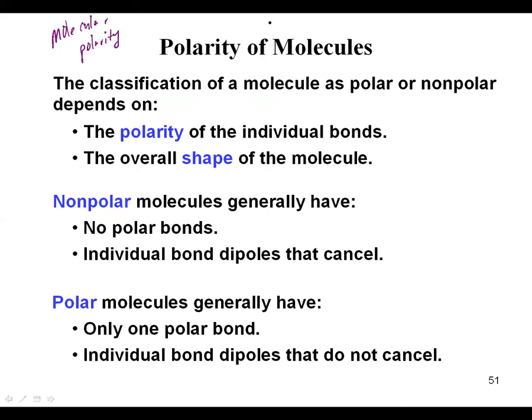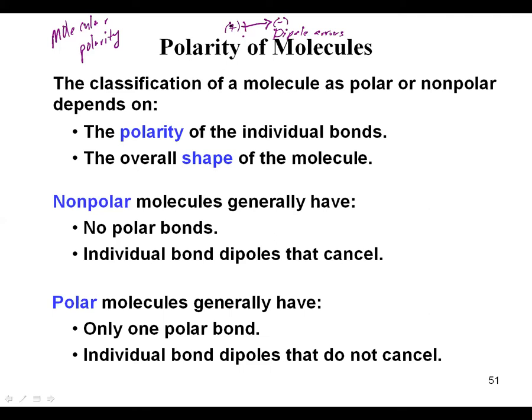Sometimes it is represented with those arrows. If you remember, we had those bonding arrows, those dipole arrows, and those dipole arrows, remember, point to the more negative side, and the more positive side is where the other side of the arrow is.